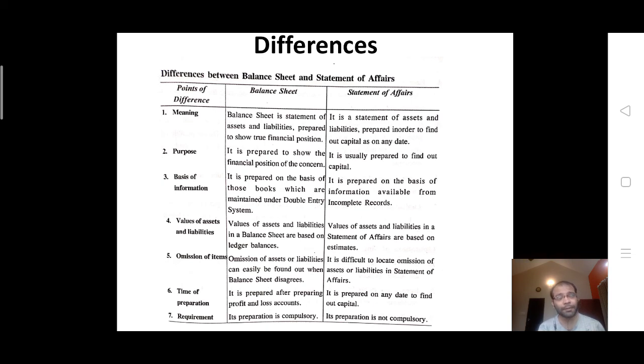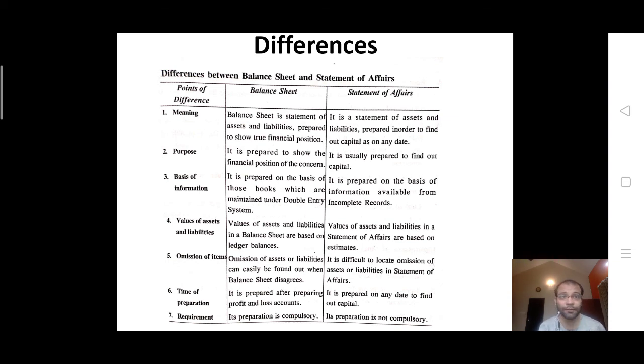The purpose behind the preparation of the balance sheet is to determine the financial position of the concern. The purpose behind the preparation of statement of affairs is to find out the capital on any date. Basis of information. The balance sheet is prepared based on the information from the books which are maintained under the double entry system.